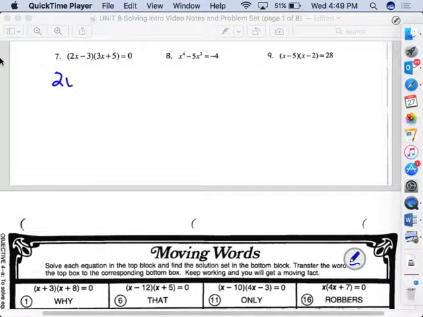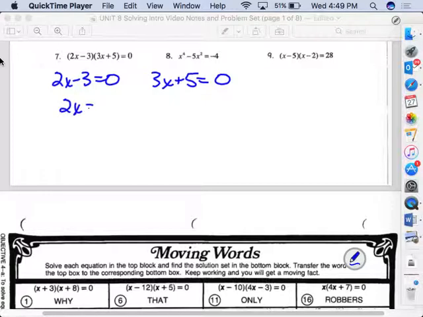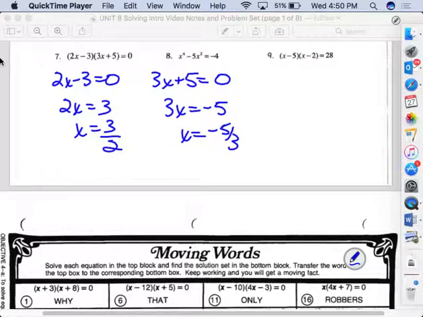So just simply take each root and set them equal to 0. So this is a 2-step equation. So I would add 3 to both sides, divide by 2. So my first root is 3 over 2. Here I would subtract 5 from both sides, divide by 3. So my roots are 3 over 2 and negative 5 over 3.